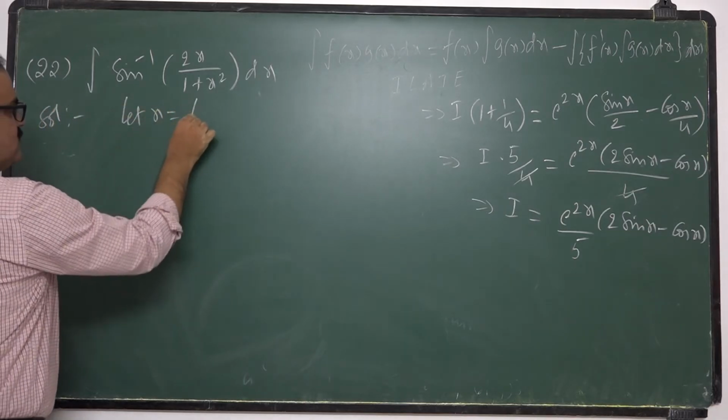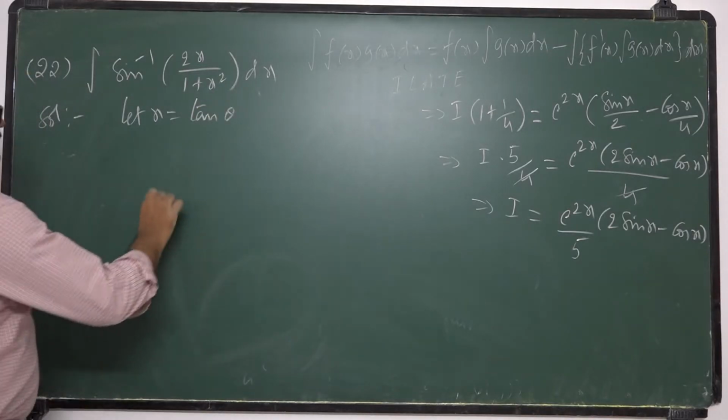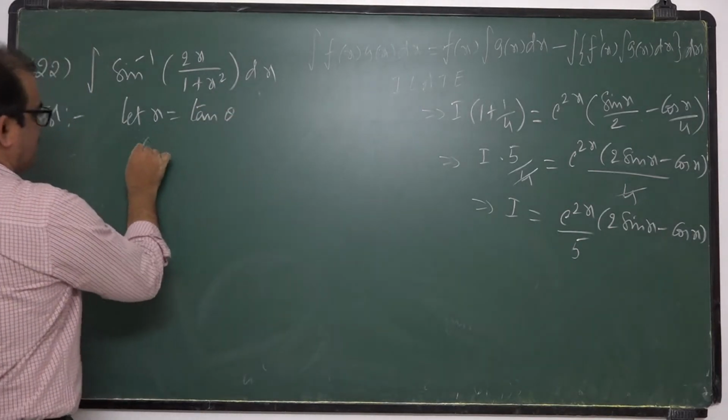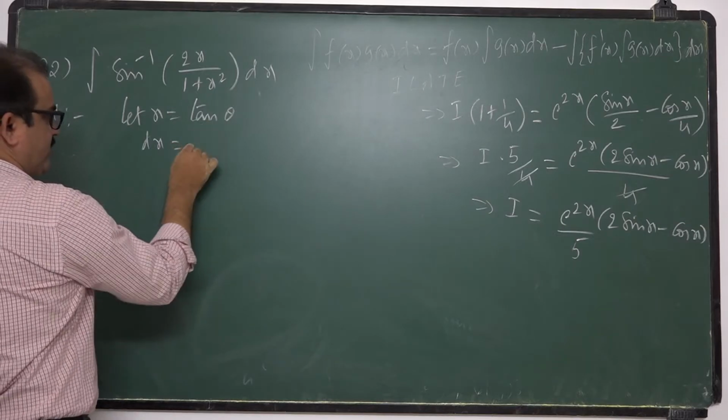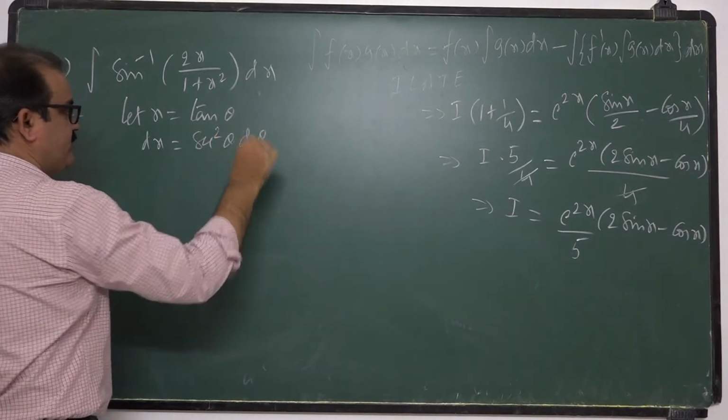Let x is equal to tan theta. Then what is dx? Derivative of tan theta, secant square theta into d theta.